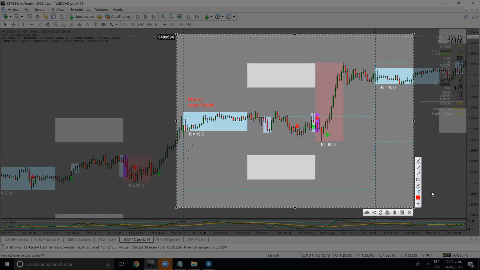Usually, okay, here we're going to have this blue box, the Asian session. We have a little number here, R 19.3, which means that the market moved 19.3 pips in this Asian session.